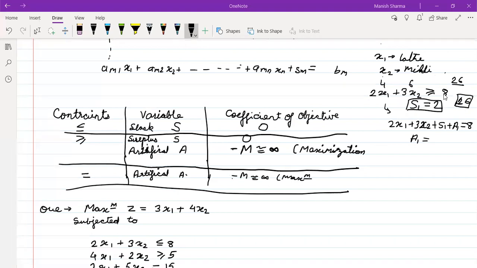To restrict this overutilization, we have to add an artificial variable so that the safety of the machines is maintained and excess utilization of the resources is avoided. That's why we have to add an artificial variable. Okay, am I clear, Swati?